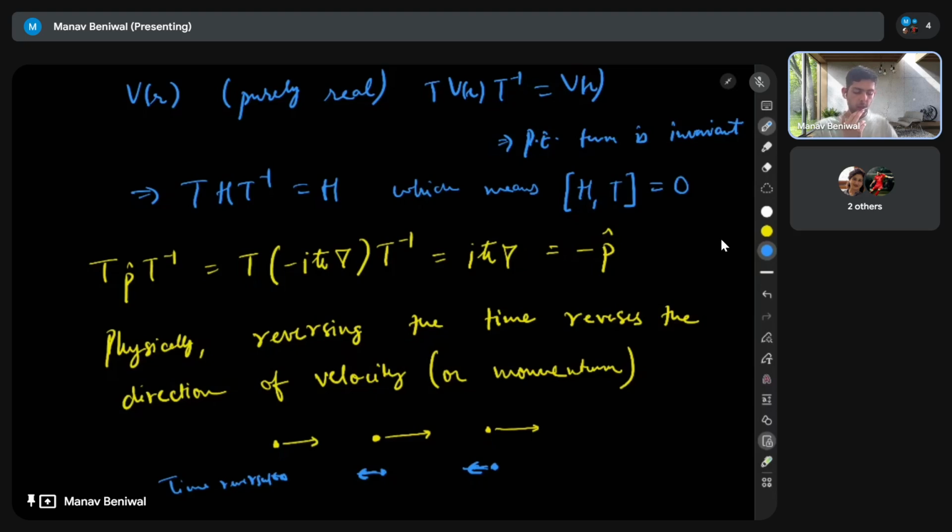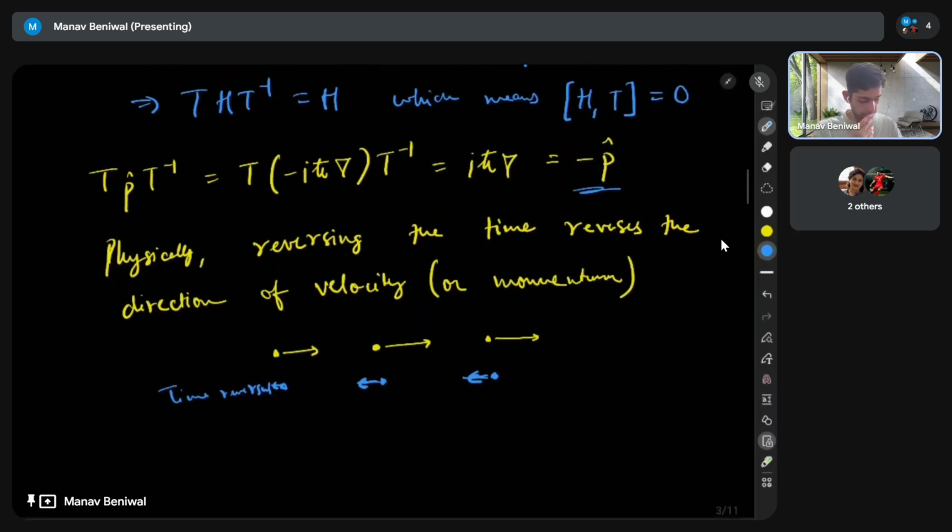So that's why, when we see how our momentum transforms upon time reversal, we see that it gains a minus sign. Now if we apply the same logic to our position coordinate, let's say this is x equals 1, 2, 3, and so on. Upon time reversal, what happens to x? This x remains 1 only, this remains 2 only, and this remains 3 only.